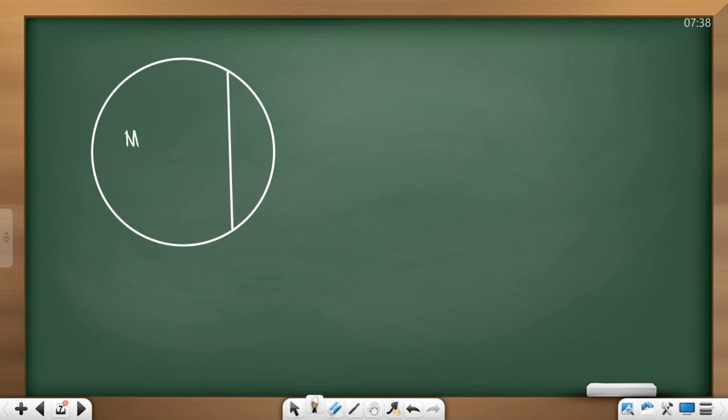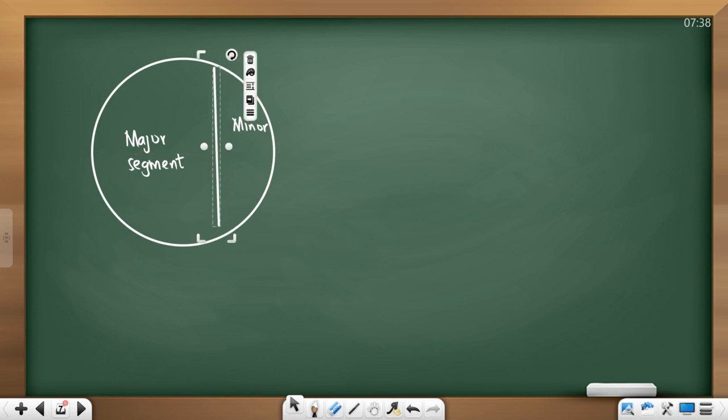This is called the major segment because it's bigger, and this is called the minor segment. So we have a major segment and a minor segment.